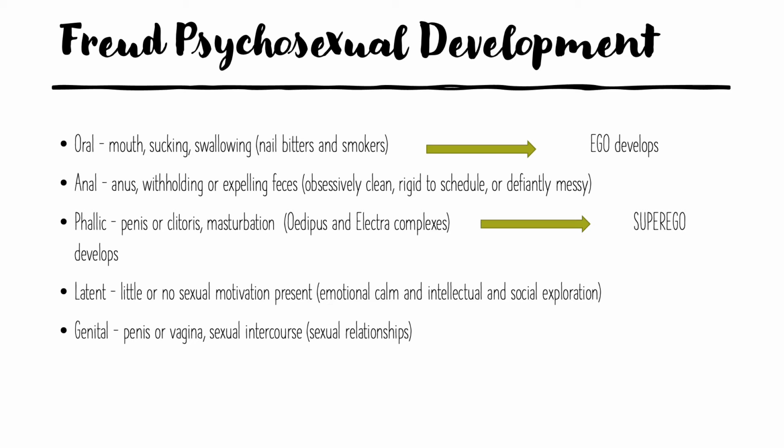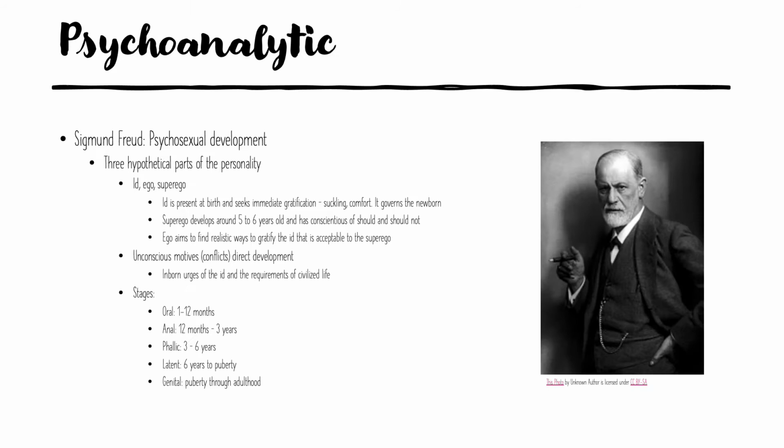Too little or too much gratification leads to fixations, and those fixations then have an impact on our personalities. Keep in mind, Freud based his theories on what he had learned working with upper middle class adults, almost entirely women, who sought him out for therapy. He believed that sexual impulses ultimately influenced our development.